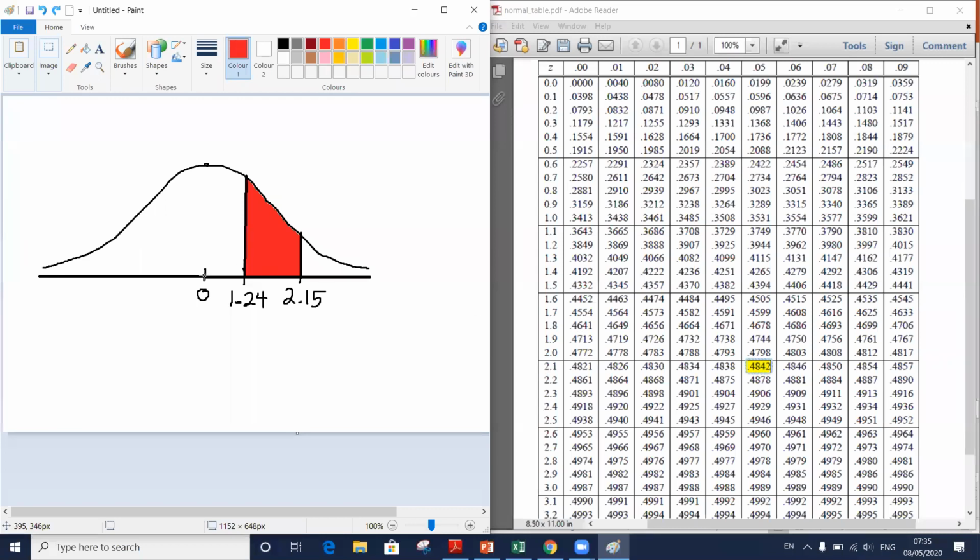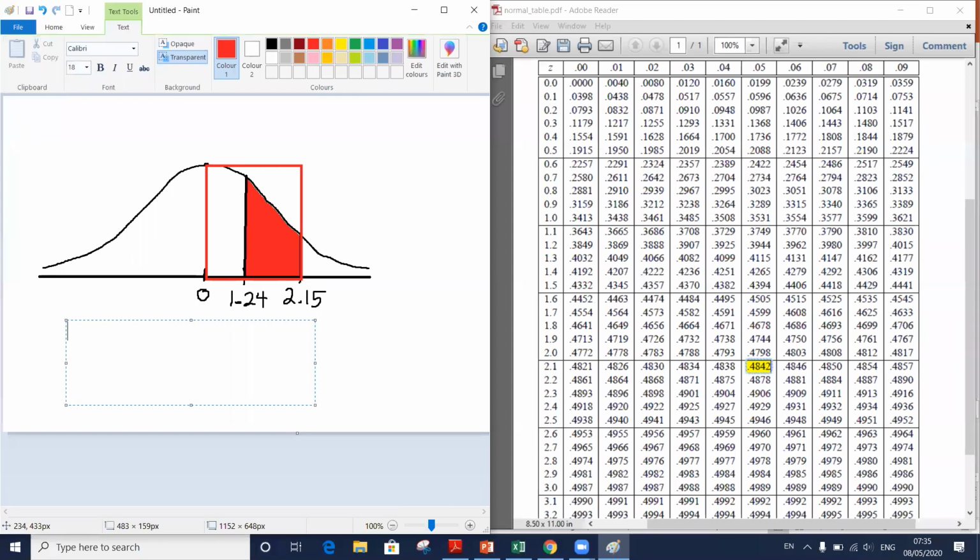It means the area for this portion from 0 is 0.4842. From 0 to 2.15, the probability value is 0.4842.